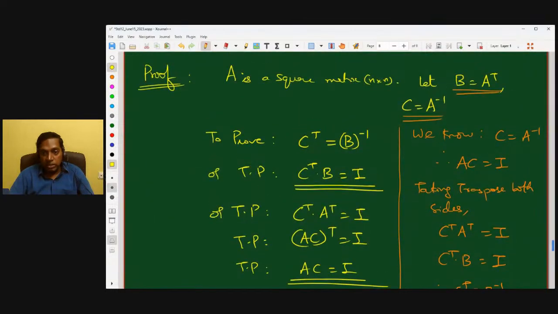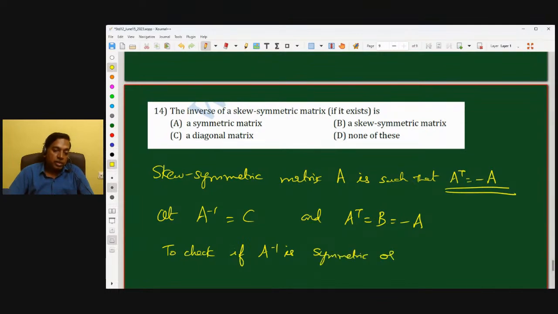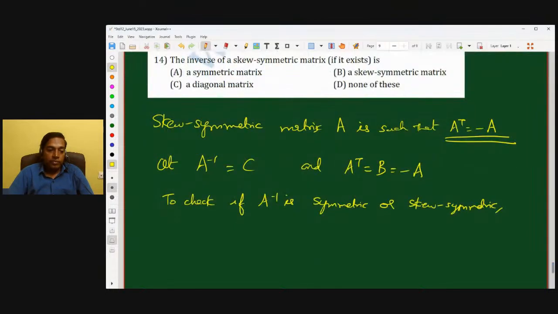A inverse is B or C. A inverse is C. A transpose is B, which is minus A. Now, is A inverse symmetric or skew symmetric? We need to find A inverse transpose, or C transpose.